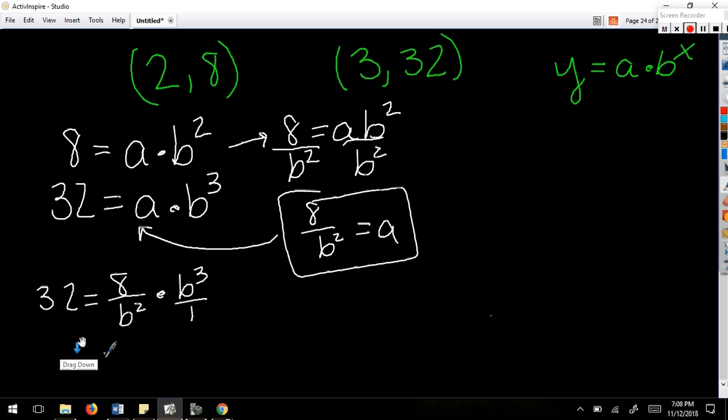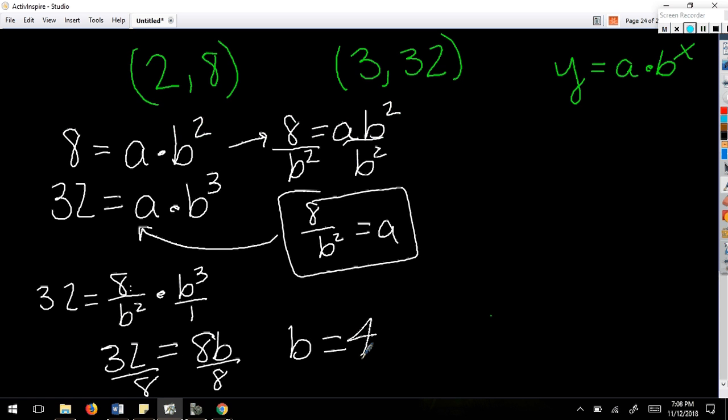So 32 equals, and if you put this together, you get 8b cubed over b squared, which would be just 8b. Divide both sides by 8, and I find that b equals 4.